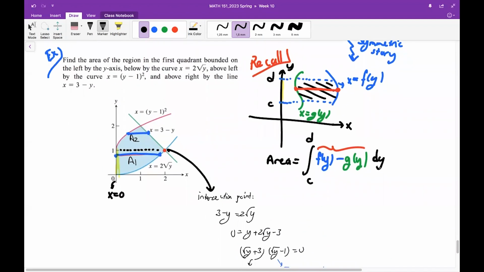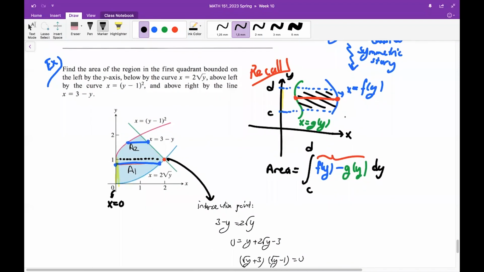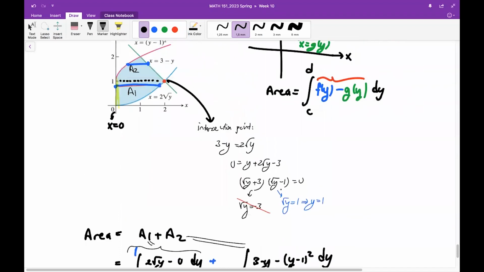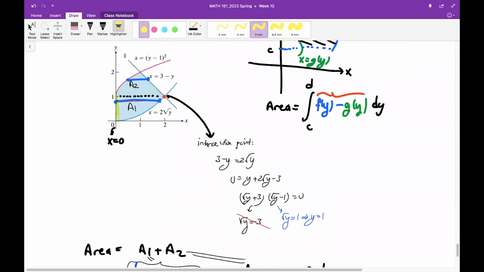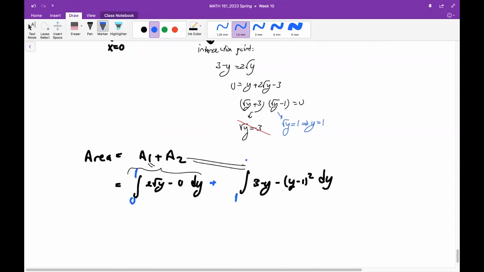That's why all the integrals will be with respect to dy, and all the equations of the functions will be in terms of y, just like given here. So look at the y boundaries for the second part. A2 lies over the interval from 1 to 2 on the y-axis. That's why the boundaries of A2 are from 1 to 2.